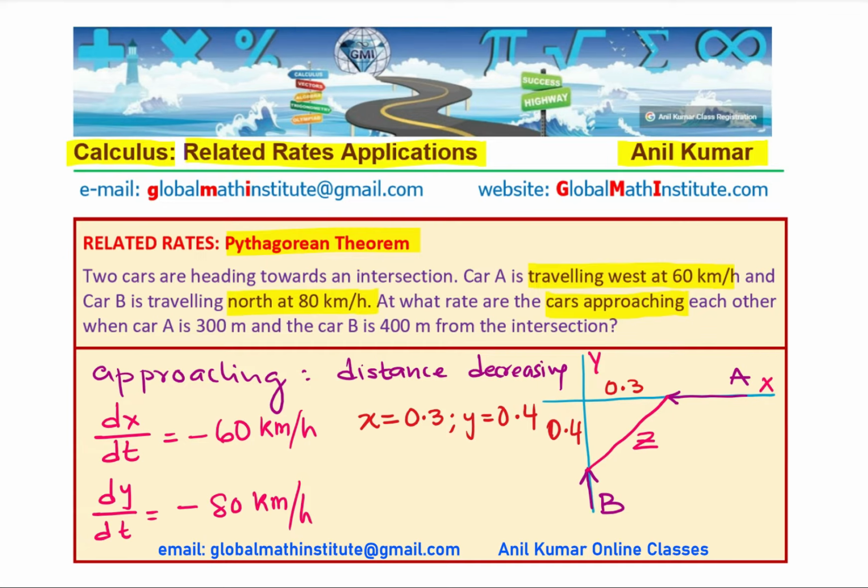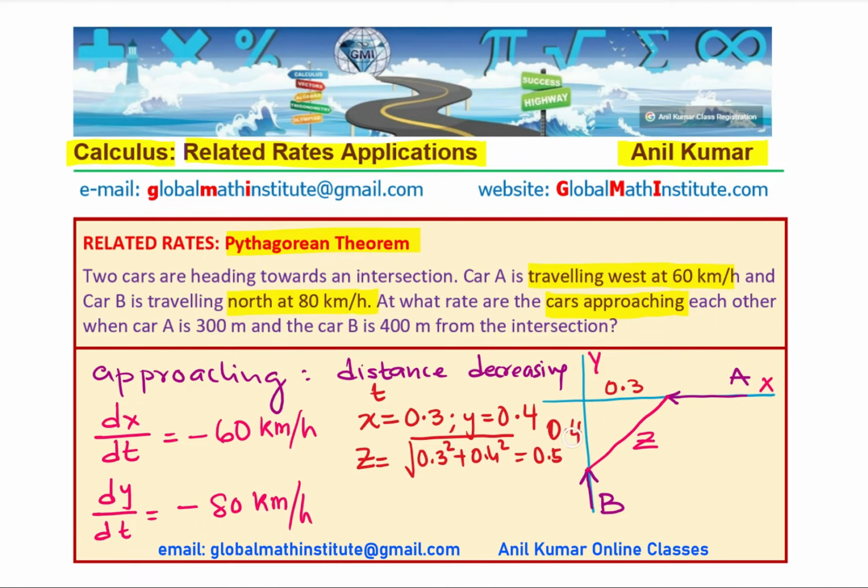So at this particular instance, what is z? z will be the square root of 0.3 squared plus 0.4 squared, correct? You know, it's a right angle triangle which will give you 0.5. So at this instance, t, when we are interested in finding the rate of change, that is the status, correct? Is that clear to you?